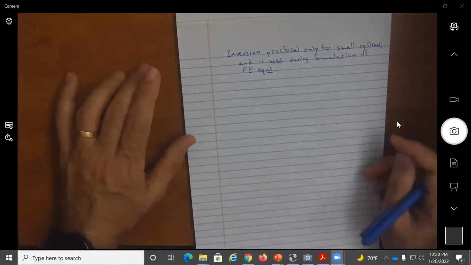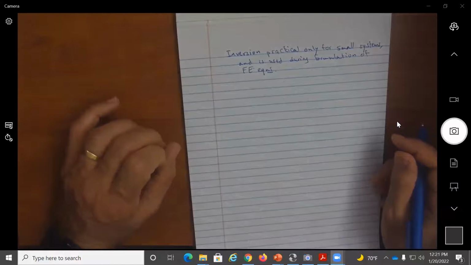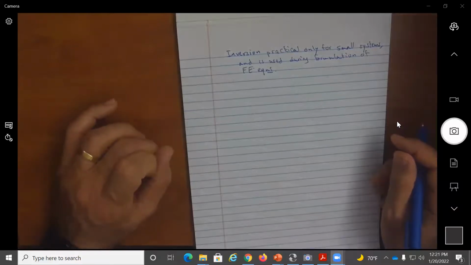And it is in particular useful if you have multiple loads.